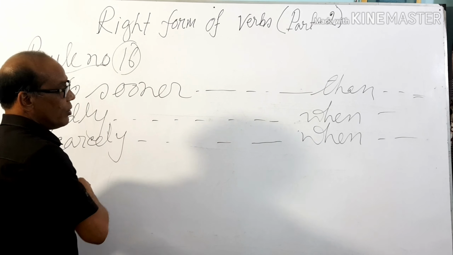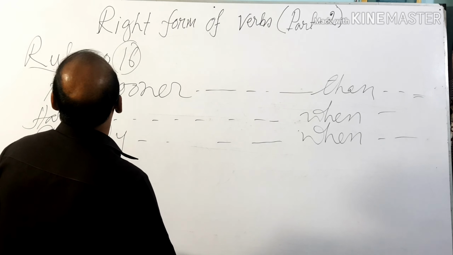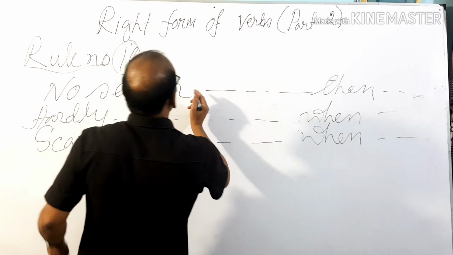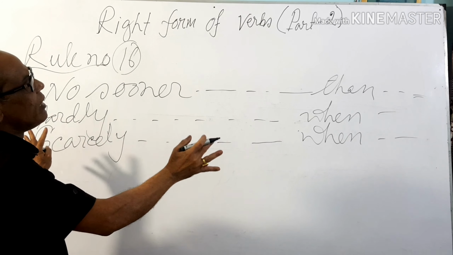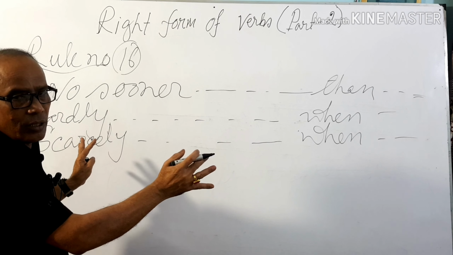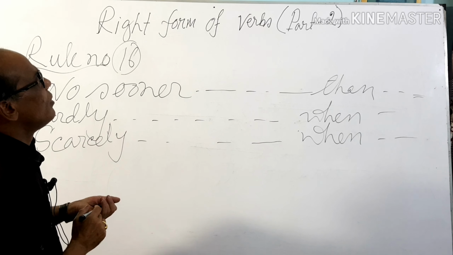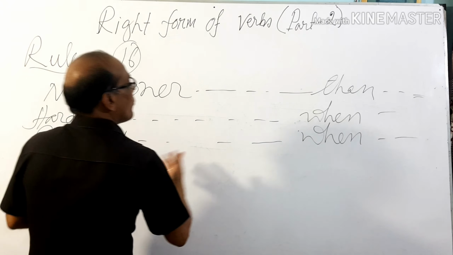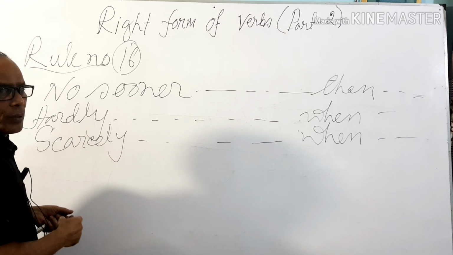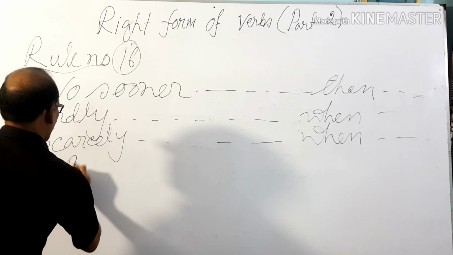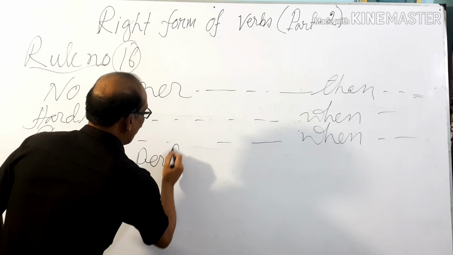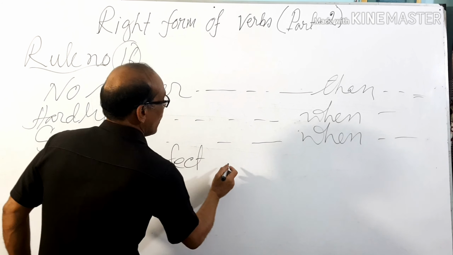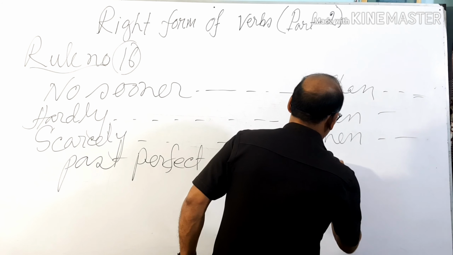Actually, there is a tense related relationship. Suppose no sooner, and all these three structures will be used in this way: the first portion will be past perfect, and the last one past indefinite.